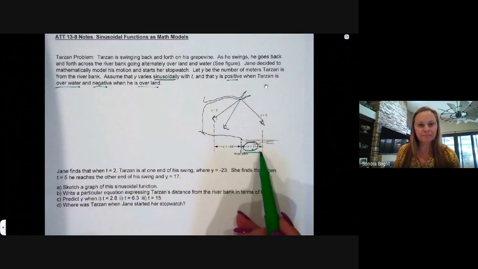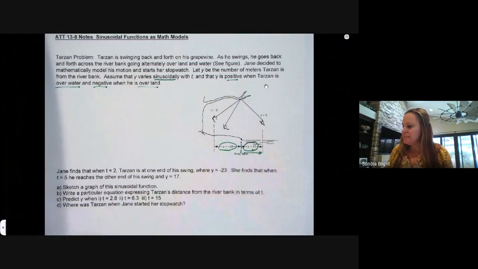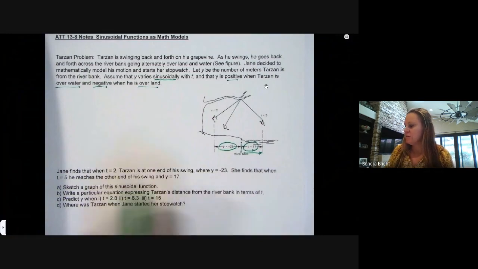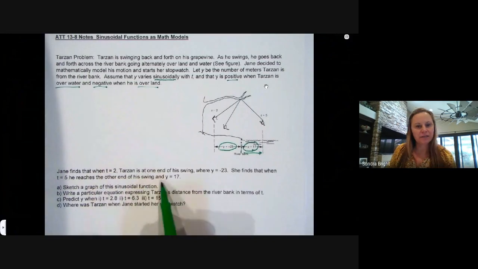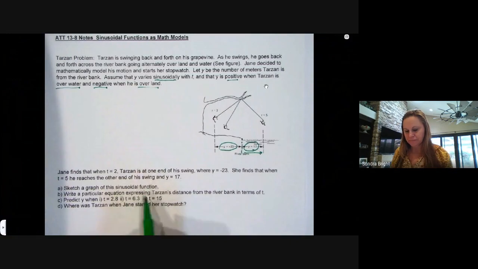Okay. So Jane finds that when t equals 2, Tarzan is at one end of his swing where y is negative 23. She finds that when t equals 5, he reaches the other end of the swing when y equals 17. They want us to sketch a graph, write a particular equation, and then predict and all of that. Okay, so here's what we know.